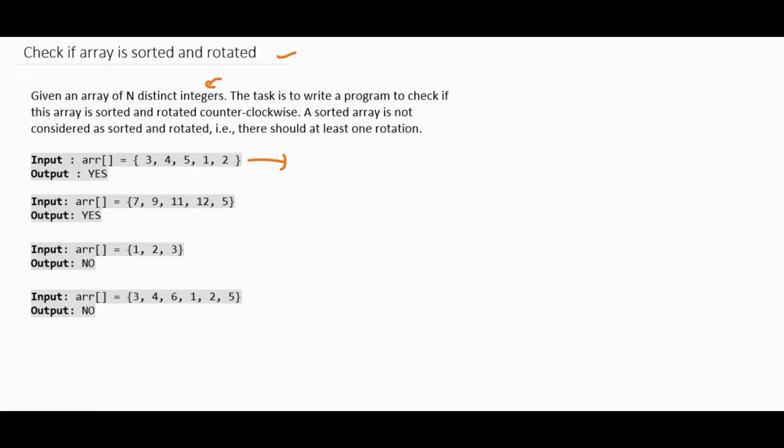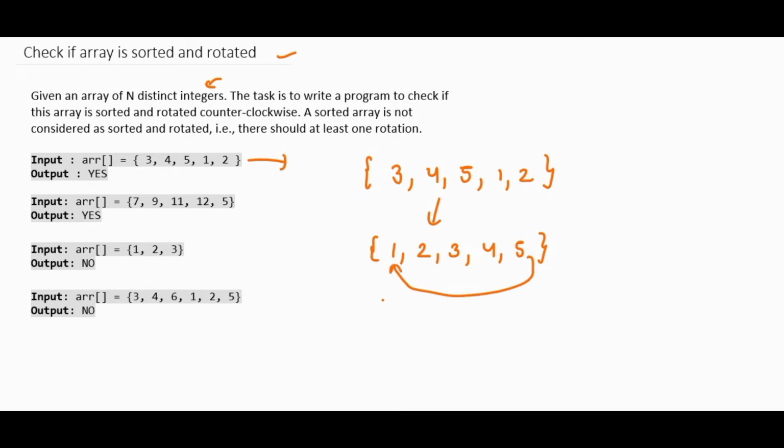So let's say we have this example 3, 4, 5, 1 and 2, right? If this would have been a non-rotated, only sorted array, it would have been 1, 2, 3, 4 and 5, right? So it is rotated 3 times. 5 has come here, so the first rotation will be 5, 1, 2, 3, 4.